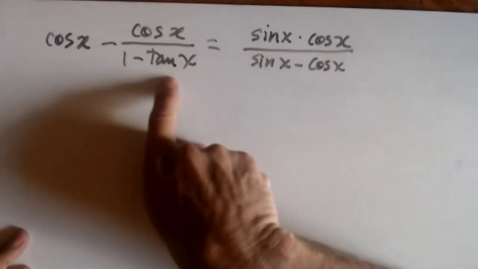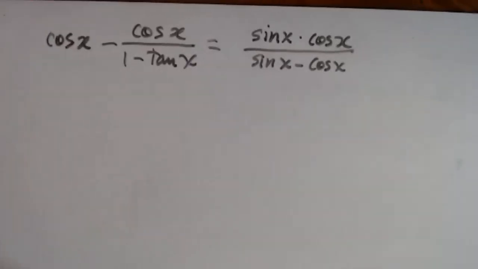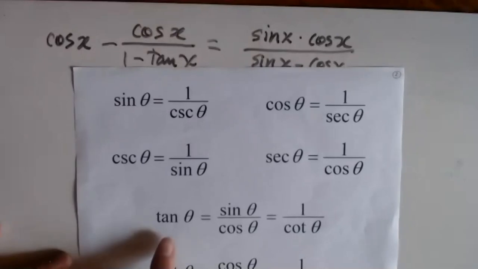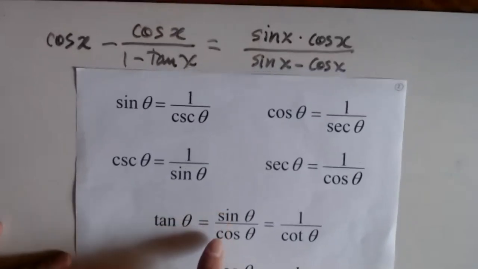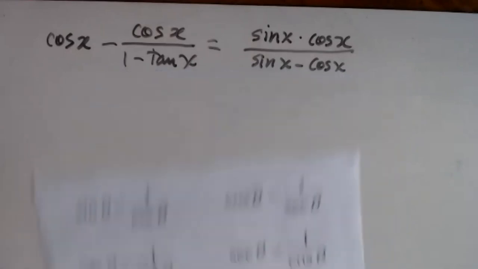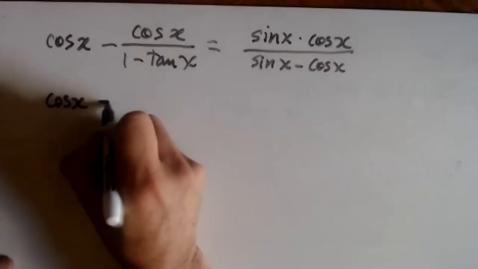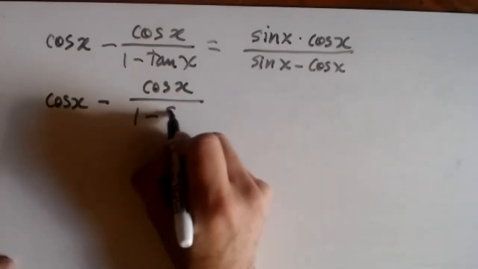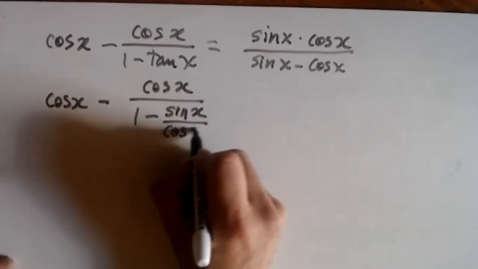So I'm going to change this tangent first, correct? So what is the tangent equal to? Okay, let me see. Tangent is sine over cosine, you see? So I'm going to change the tangent by sine over cosine. So I have cosine x minus cosine x over 1 minus sine x over cosine x.